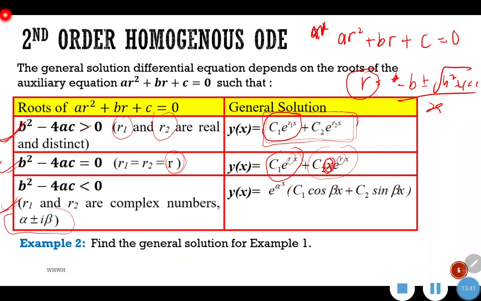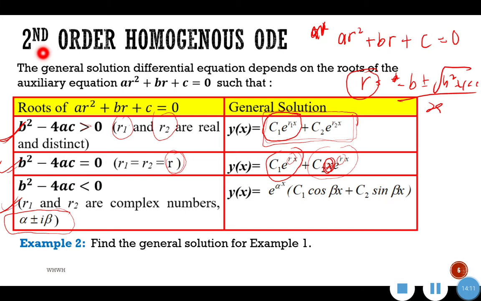Later we will have examples. Its solution will be e to the power of alpha x times c1 cos beta x plus c2 sin beta x. So that is when you get imaginary numbers.